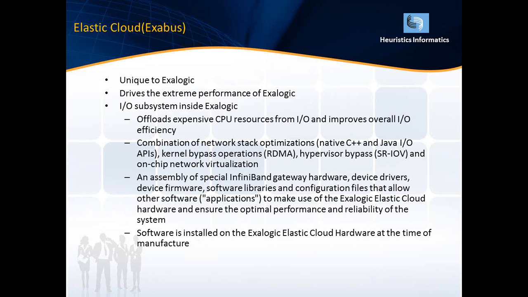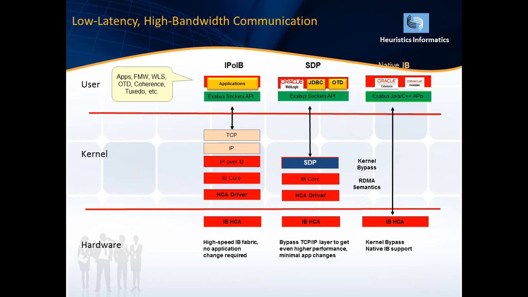And the Exabus software, which is called the Elastic Cloud software, the present version is almost like 2.0 in the X4-2. For this Exabus, we need not configure anything. This Exabus is configured and provided by Oracle at the time of installation and configuration itself. So you can see the low latency and high bandwidth communication.